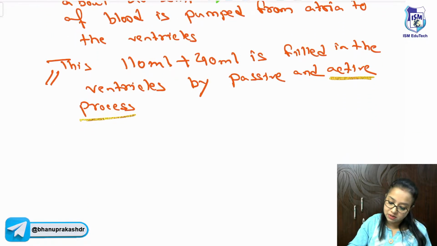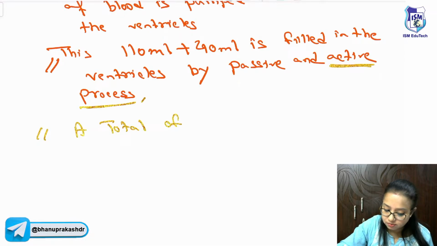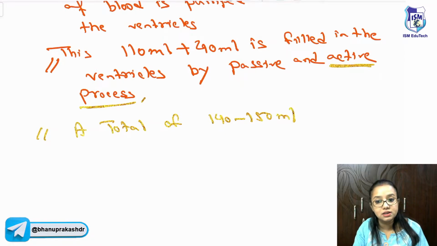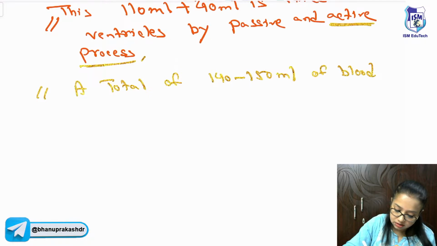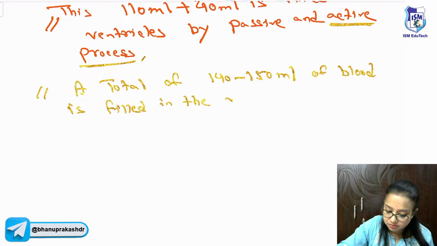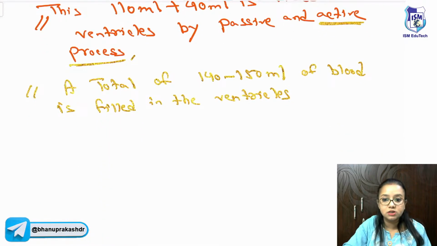So by this active and passive filling process, a total of 140 to 150 ml, in some cases it can be 130 also, of blood is filled in the ventricles. So you see this filling phase is a diastolic phase. By the passive and the active filling, there is a total of about 140 to 150 ml.